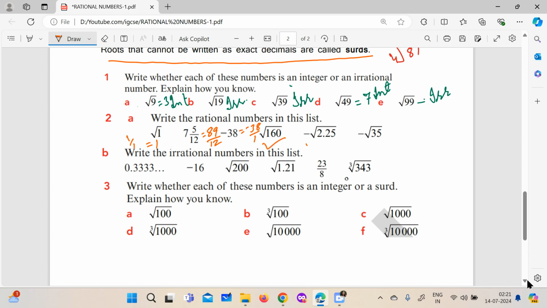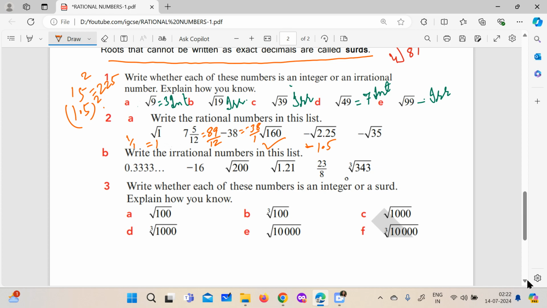Root 160 we cannot calculate, and minus the square root of 2.25. Let the minus be here, and you know that 15 squared is 225. So 1.5 whole squared is 2.25. When we remove the square root sign, we get 1.5. So you get minus 1.5.